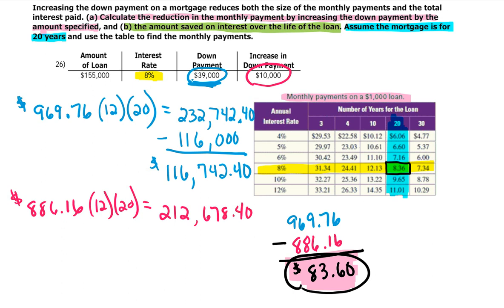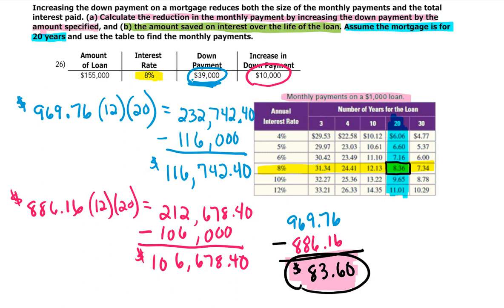But remember, that loan was only $106,000. So when I subtract these two, my interest will be $106,678.40.